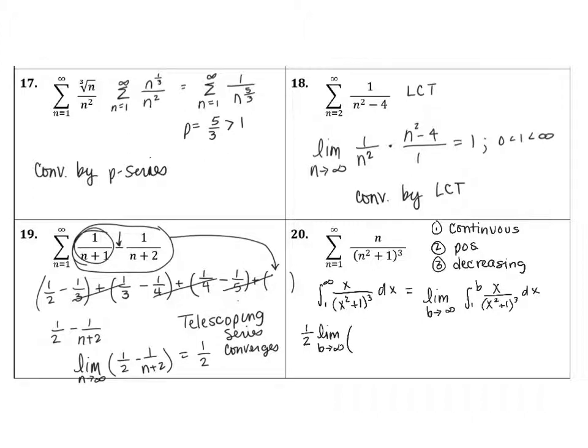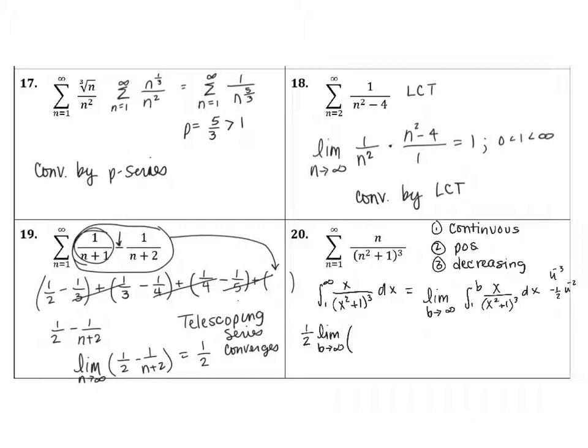Here, if we did that, we're going to have u to the negative 3, and then when we integrate that, that's going to be negative 1/2 u to the negative 2, isn't it? And so let's go ahead and do that.